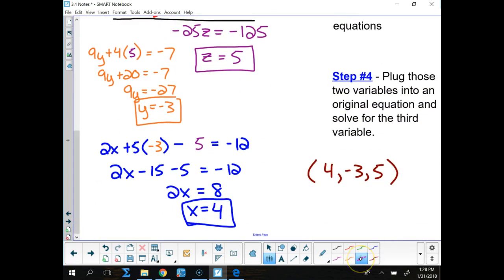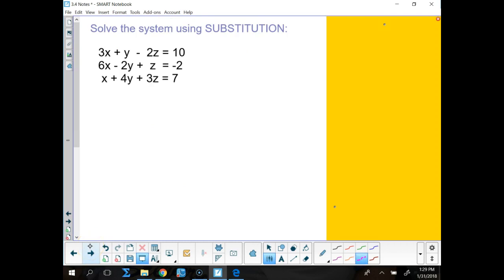Therefore, I have now earned the right to call it my answer. That is the elimination process. Now we've got a process to go along with substitution.